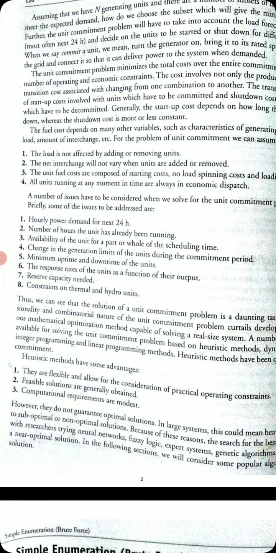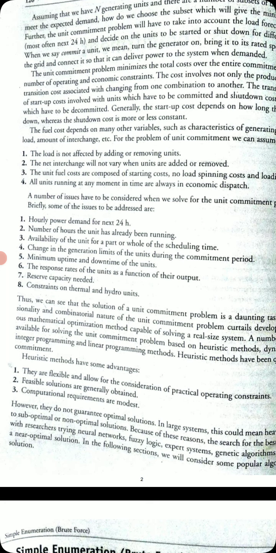The availability of the unit for a part or the whole of the scheduling time, whether it is partly available or available full time. Then change in the generation limits of the units during the commitment period; if any changes take place in the generator limits, they should be known.